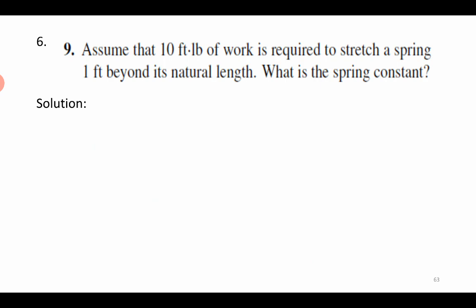And the last problem of this chapter is this one. Assume that 10 foot-pound of work is required to stretch a spring 1 foot beyond its natural length. So you are given W, the formula is from 0 to 1 foot beyond its natural length.